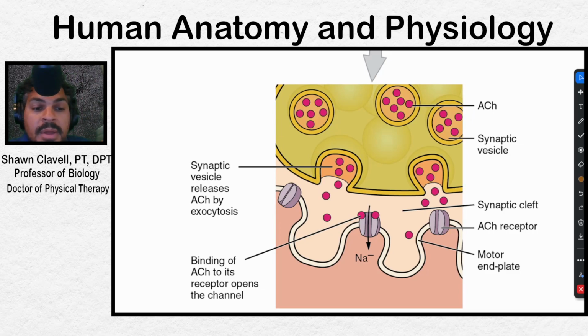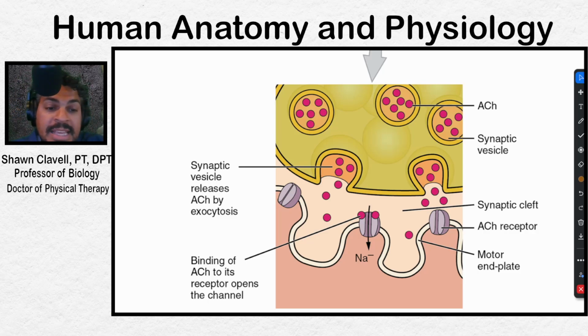of the sarcolemma. When the receptors are initiated, these are ligand gated ionotropic receptors that become permeable to ions. So sodium, potassium, calcium can freely pass through these ionotropic channels once they're open.